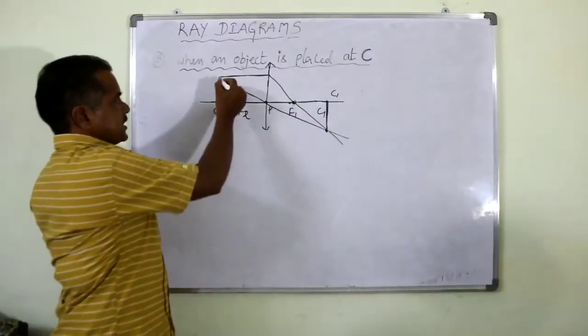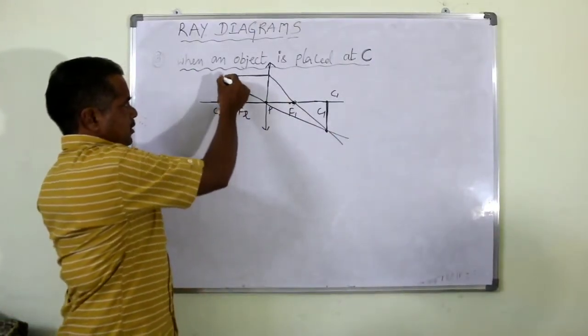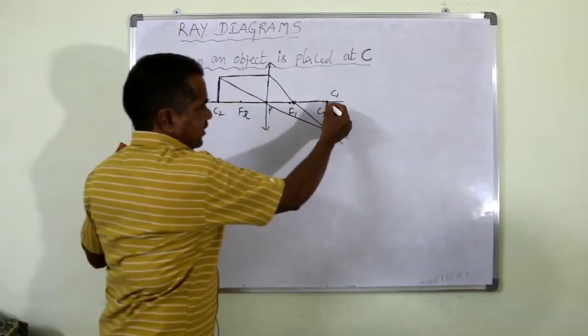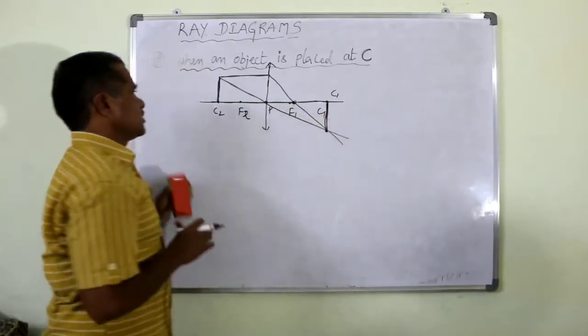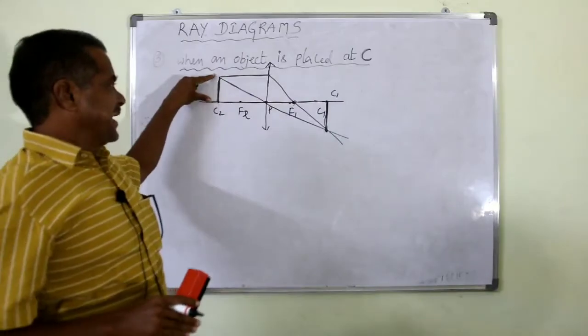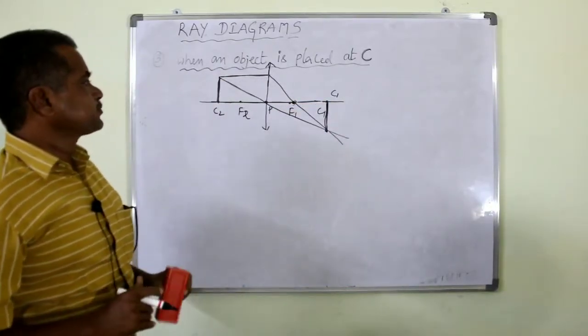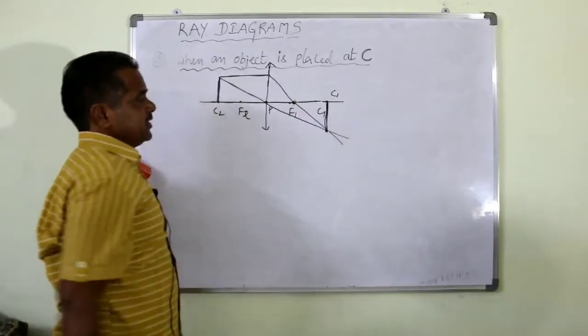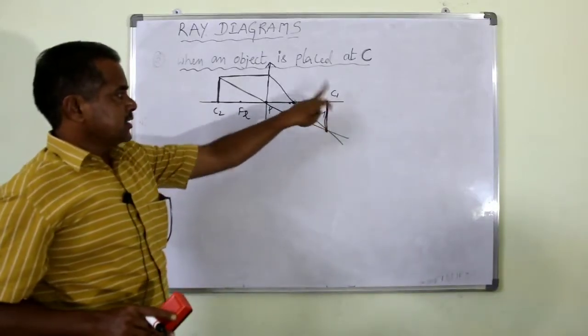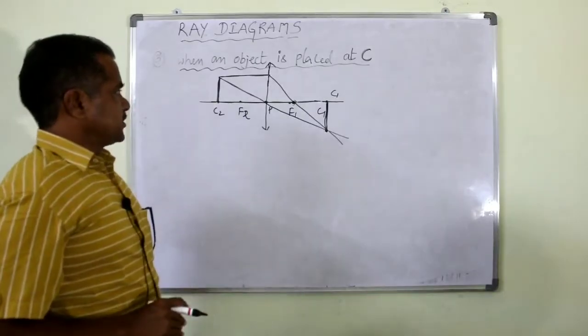If you observe the size of this object, by observing this diagram we can conclude that the size of the object is exactly equal to the size of the image. Here also this image is inverted and this image is formed at exactly the center of the curvature.